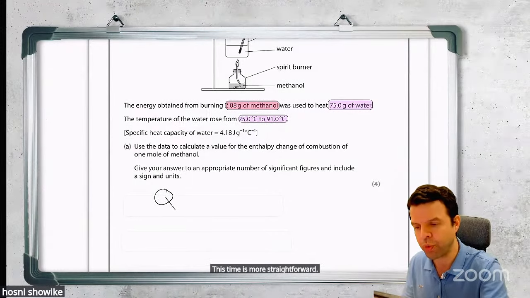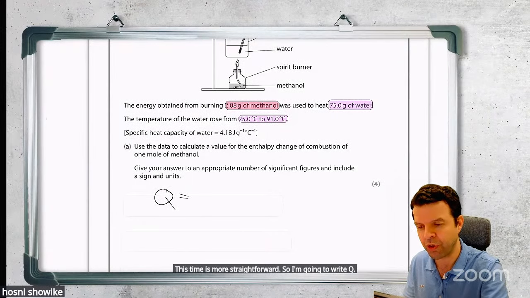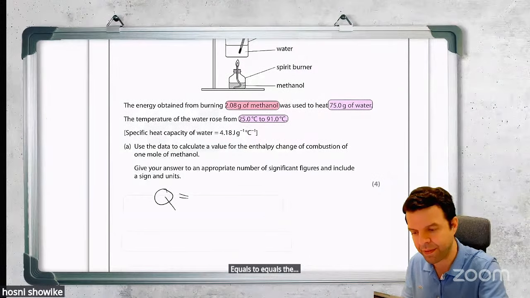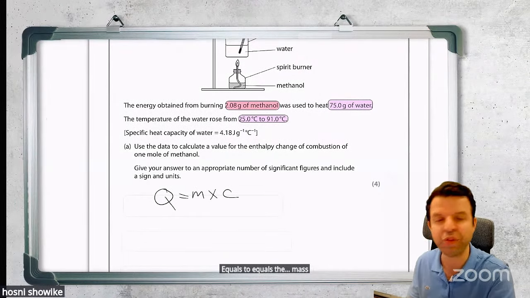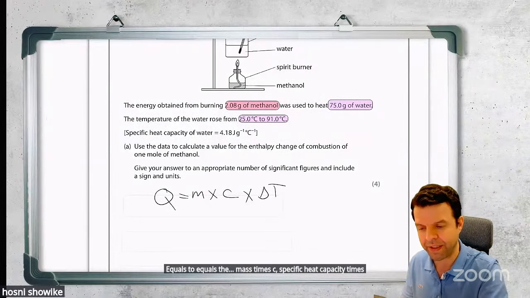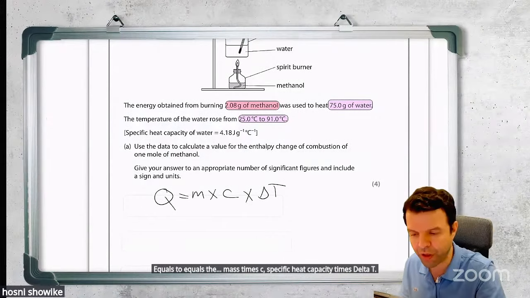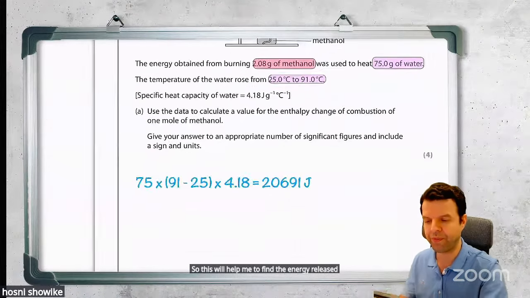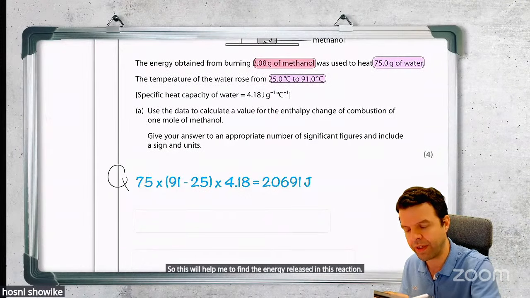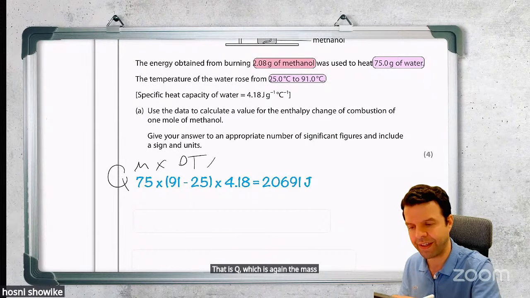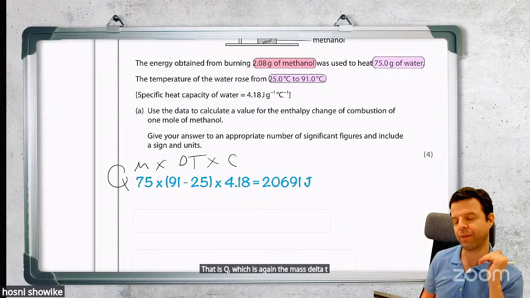So I'm going to write Q equals mass times C, specific heat capacity, times delta T. So this will help me to find the energy released in this reaction. That is Q, which is again the mass, delta T, and specific heat capacity.